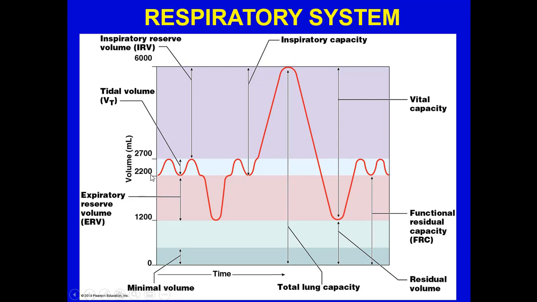Here's the key point. This is you just sitting there relaxed. This is your tidal volume. Inhale, exhale, inhale, exhale. Now, after you finish your exhale, you force more out, and that's the ERV. Come back, inhale, exhale. As you start to inhale, you're told to bring it in more.